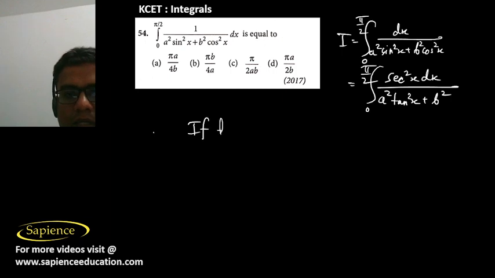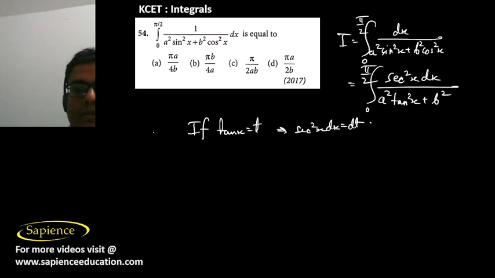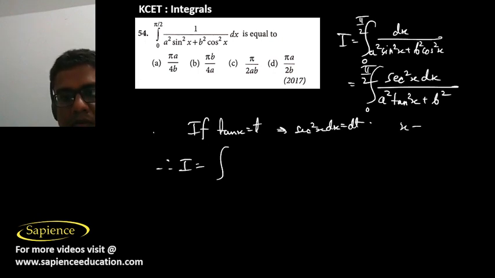Now if we take tan x as t, then we get secant square x dx as dt. Therefore, this integral can be written as: when x is going from 0 to pi by 2, t will go from tan 0 to tan pi by 2, which is infinity.